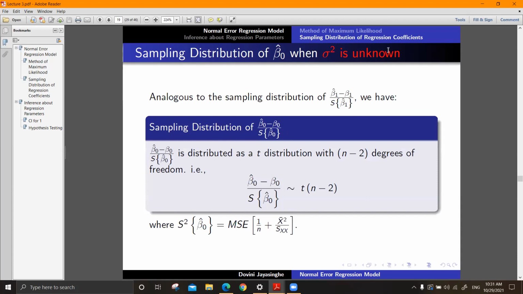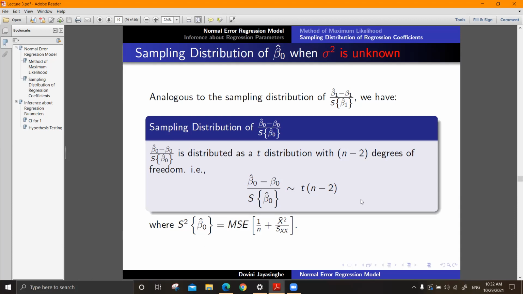But in case you don't know sigma squared, what's going to happen? You have to have some alternative. So that is this, making use of MSE once again. Whenever you plug in MSE, or whenever you estimate the unknown variance parameter, it is going to be distributed as T. In the earlier case also, the same thing. When we got the pivotal quantity of beta 1 and standardized it, it was standard normally distributed if we know sigma squared.